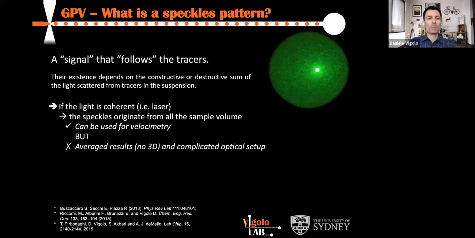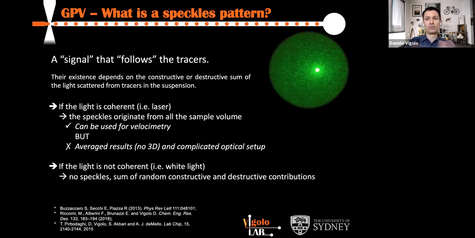But what we want here is really to have a three-dimensional scan within the sample, and because the laser is coherent, it will give an average information of the whole volume. And moreover, the setup involved in lasers becomes a bit more complicated, and we want to be able to do as many experiments as possible. So we want to go with white light.